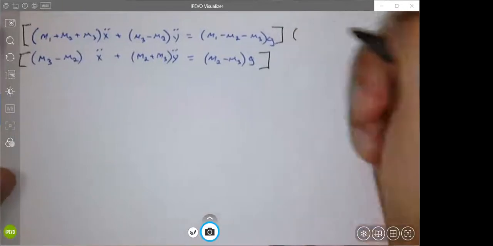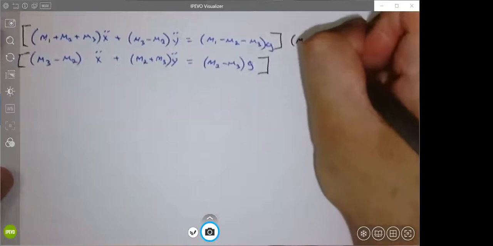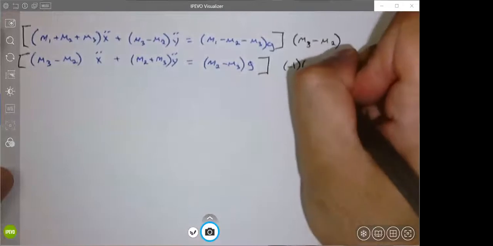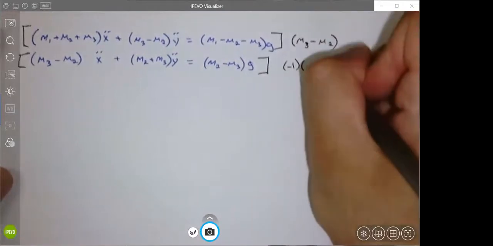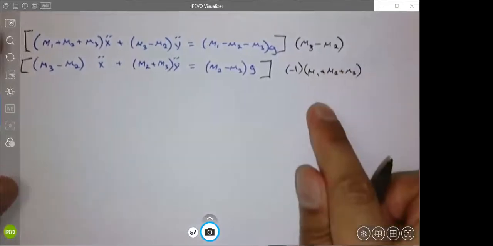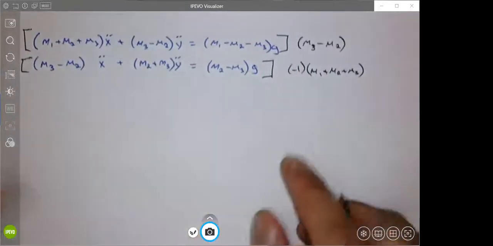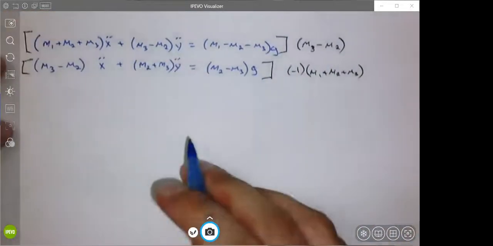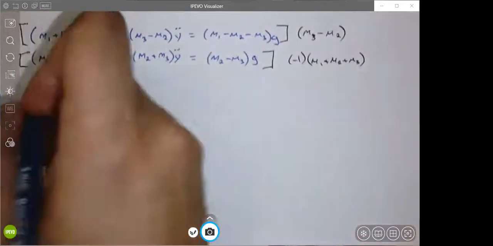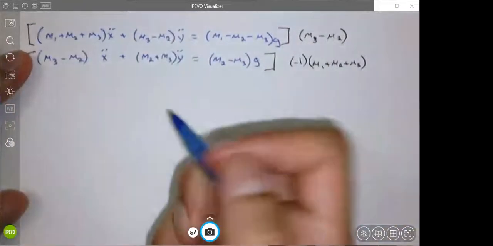And I'll just write that down. It'll be m3 minus m2. And on the bottom, it's going to be -1, parentheses, m1 plus m2 plus m3. And we just have to distribute this into the top, distribute this into the bottom, and clean up just as we did before. So again, let's get to it. The first term, well, this is nice because we're going to get rid of the x term, so I just need to write it down.